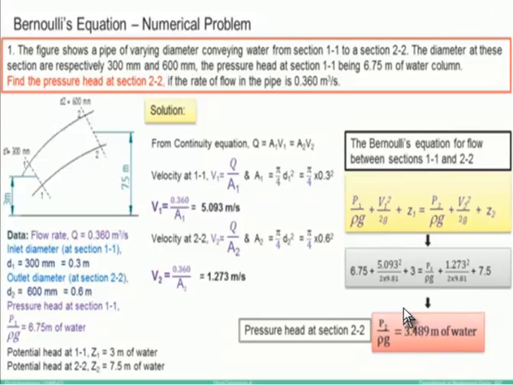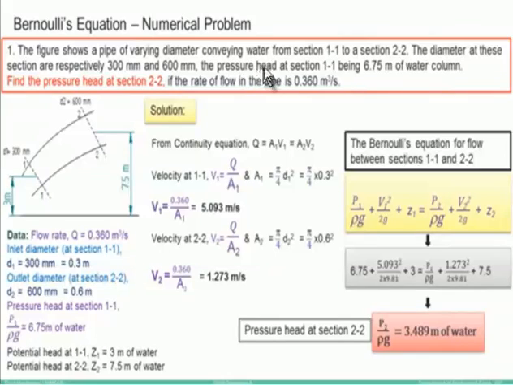Now let's start the numericals on the Bernoulli's equation. Okay, so first problem he has given: the figure shows the pipe of varying diameter conveying the water from section 1 to the section 2. The diameters at these sections are respectively 300 mm and 600 mm.